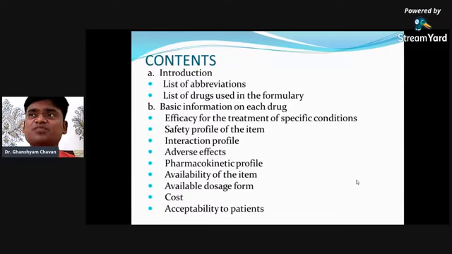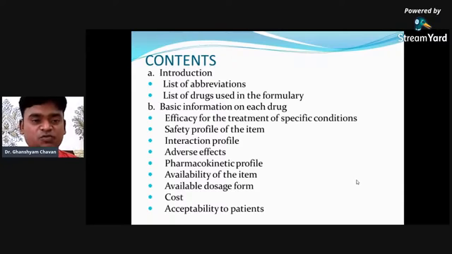Now, for example, tetracycline: if you are having chelation with metal atoms, we cannot use tetracycline. In case of kids, we cannot use drugs which are banned in kids. In case of lactating mothers, specific drugs are contraindicated. Like that, various safety profiles need to be measured here.